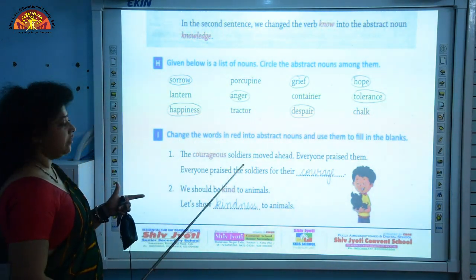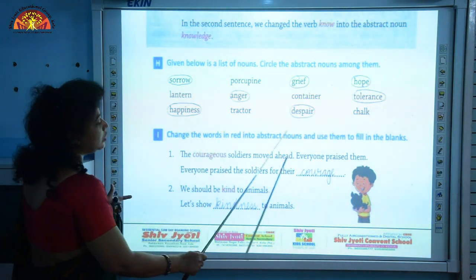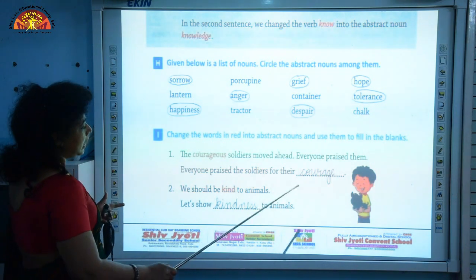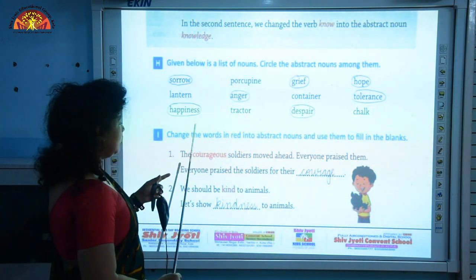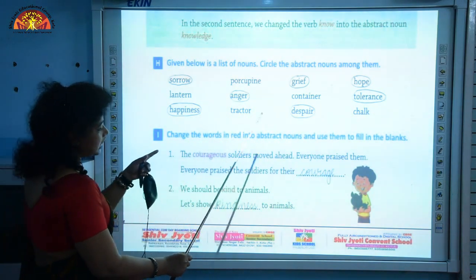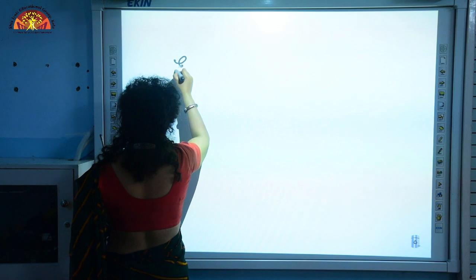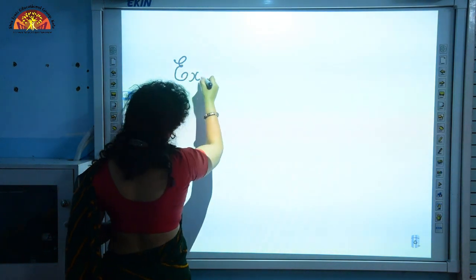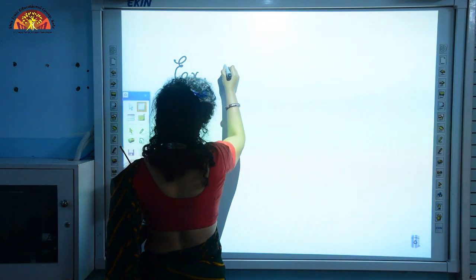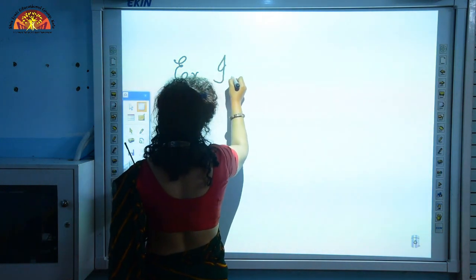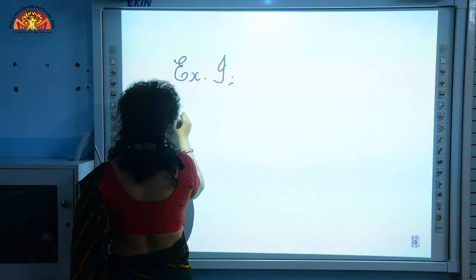So, how do we convert it? We change courageous into courage. Okay. What's the spelling of courage? C-O-U-R-A-G-E. So, we change courageous into an abstract noun courage. Exercise I. Question 1.